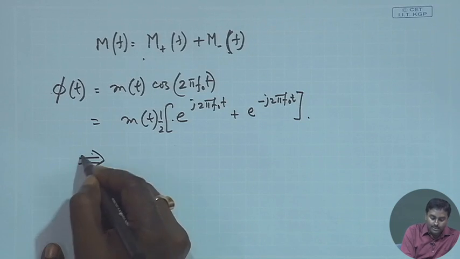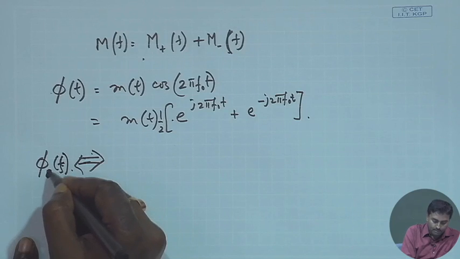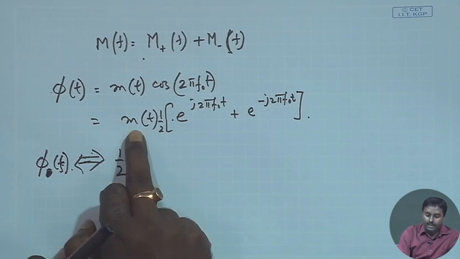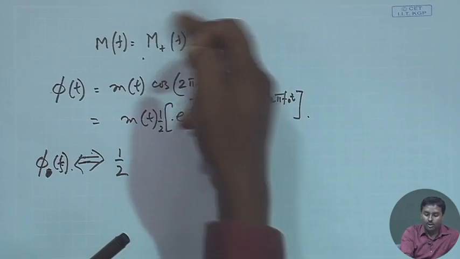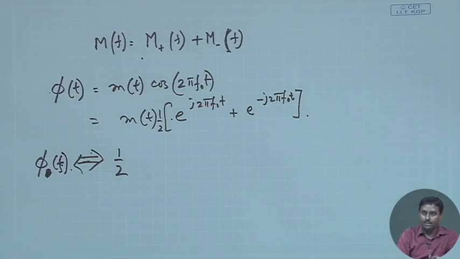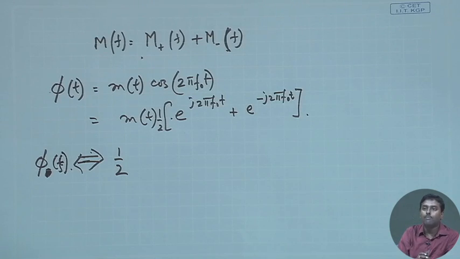Now, if I just take a Fourier transform, which is phi(f), right, what that should be is half of the Fourier transform of m(t) multiplied by this. M(t) multiplied by this gives a frequency translation, right. E to the power plus j will give a frequency translation of f minus f0, and minus j 2 pi f0 will produce f plus f0, right.